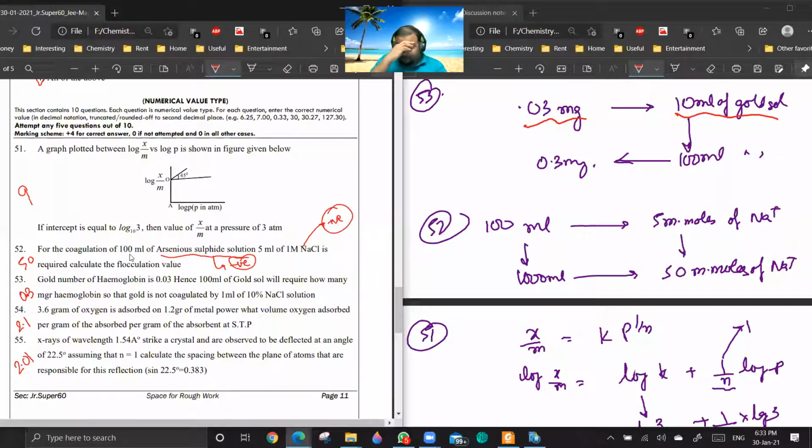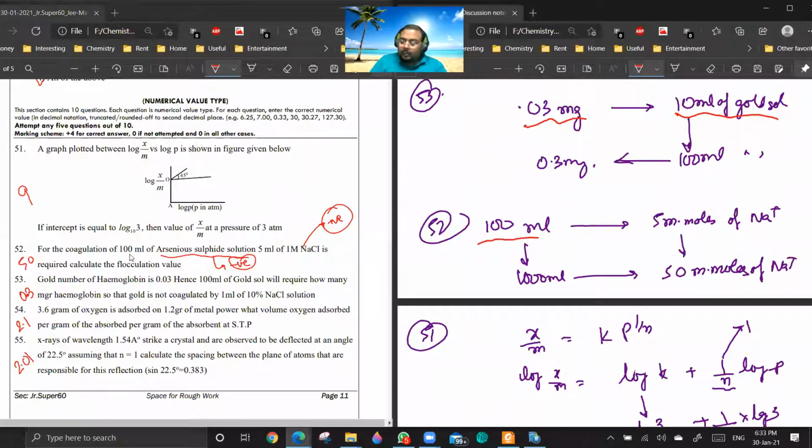The coagulation value is basically millimoles of cation required to precipitate 1 liter of salt. 1 liter means 1000 ml. For 100 ml, you are using 5 millimoles of Na plus. So for 1000 ml, how many? 50 millimoles of Na plus. So the flocculation value will be 50.